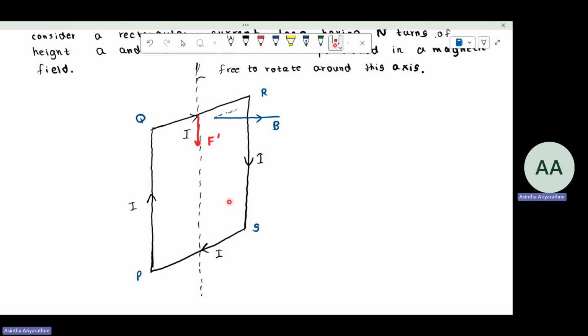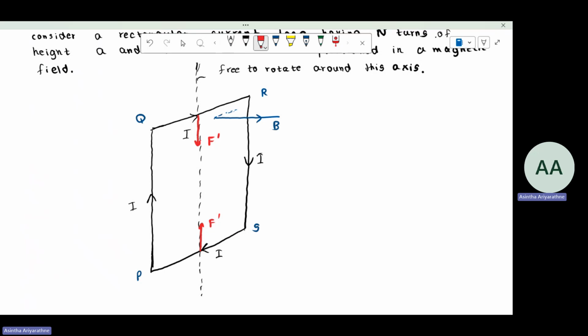And if we consider the PS segment, there would occur the same magnetic force upward, F dash. So these two get cancelled out. Although there is a magnetic force acting on the QR and PS segments of this loop, they are opposite in direction and same in magnitude, so they get cancelled out.